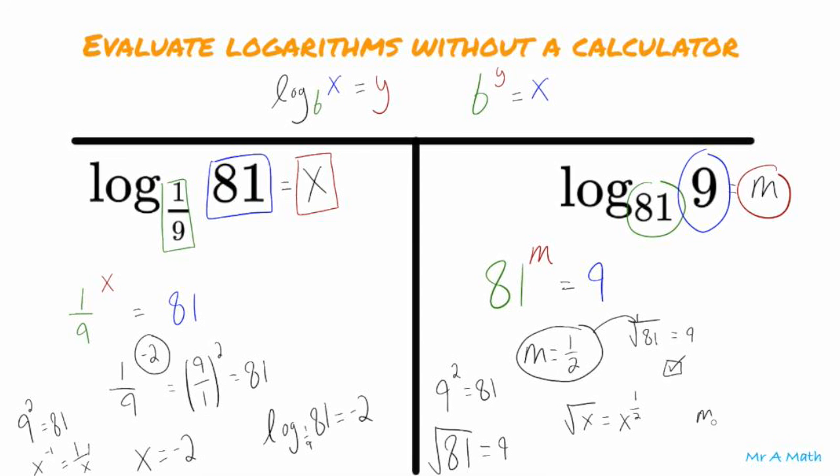Because if I just write m is equal to the square root, well, that's not an exponent value. I need to figure out what it is, and half is the exponent of a square root. So we can now say that m is equal to 1/2, which means log base 81 of 9 is equal to 1/2. And again, you can always check these in your calculator to make sure that you're right.